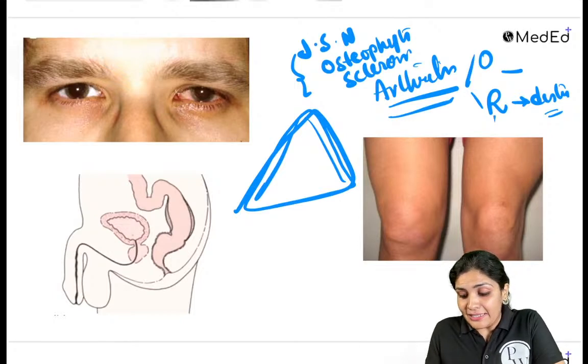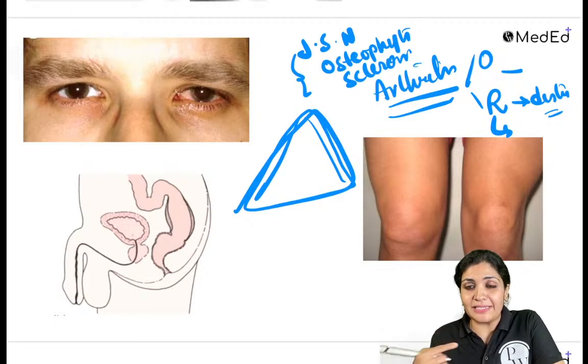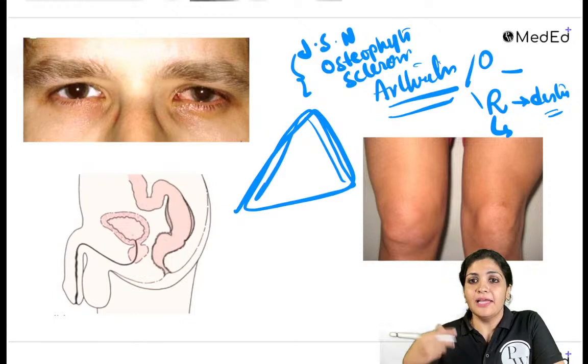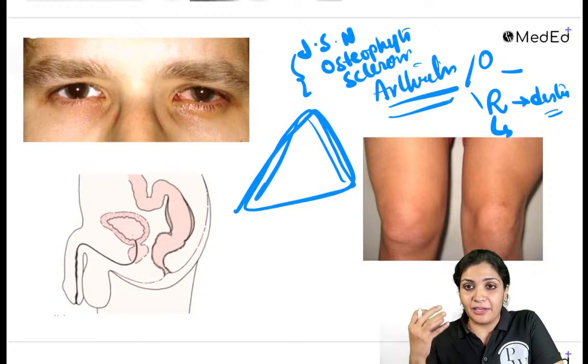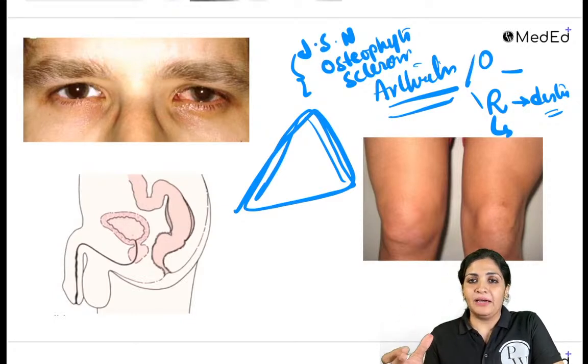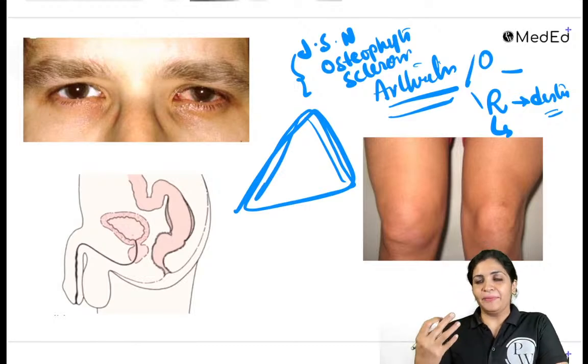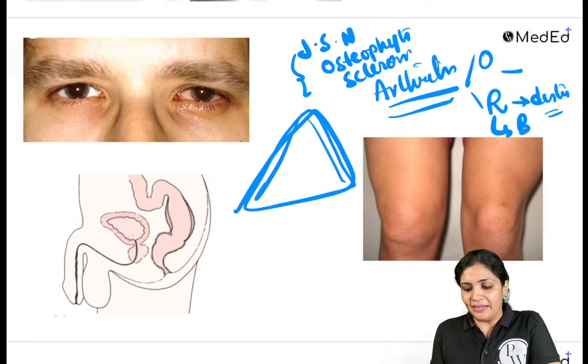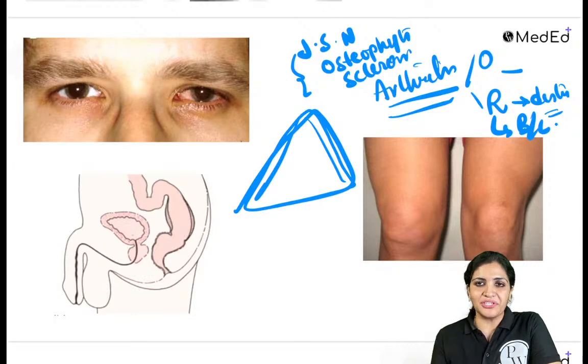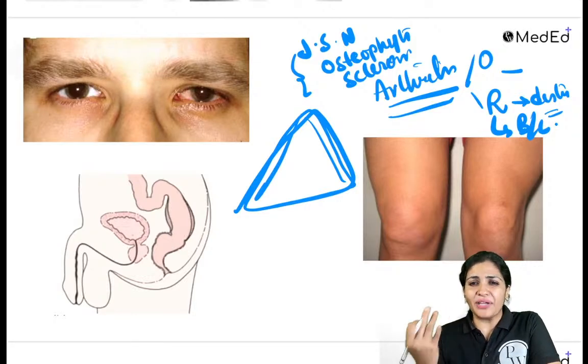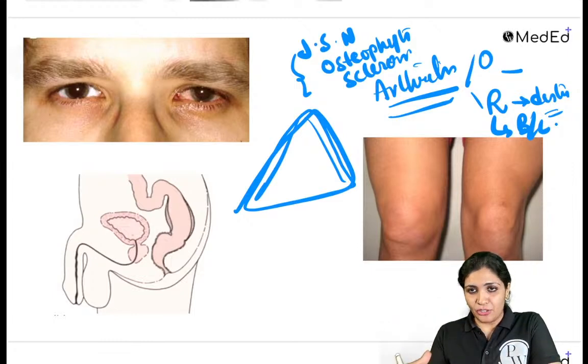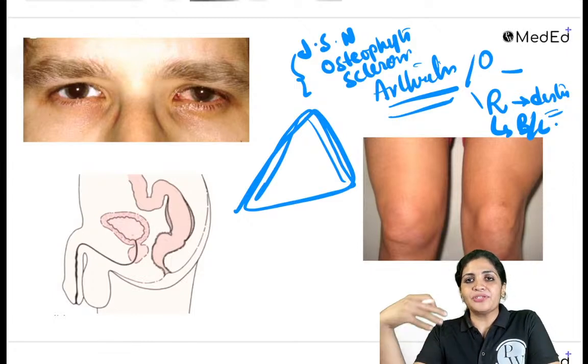You see destruction and subluxation of the MCP joint. There is some amount of damage occurring in the joints, which you see on the X-ray. This is usually bilateral, seen on both sides. But osteoarthritis is specifically unilateral. Only the part which is damaged shows on the X-ray.